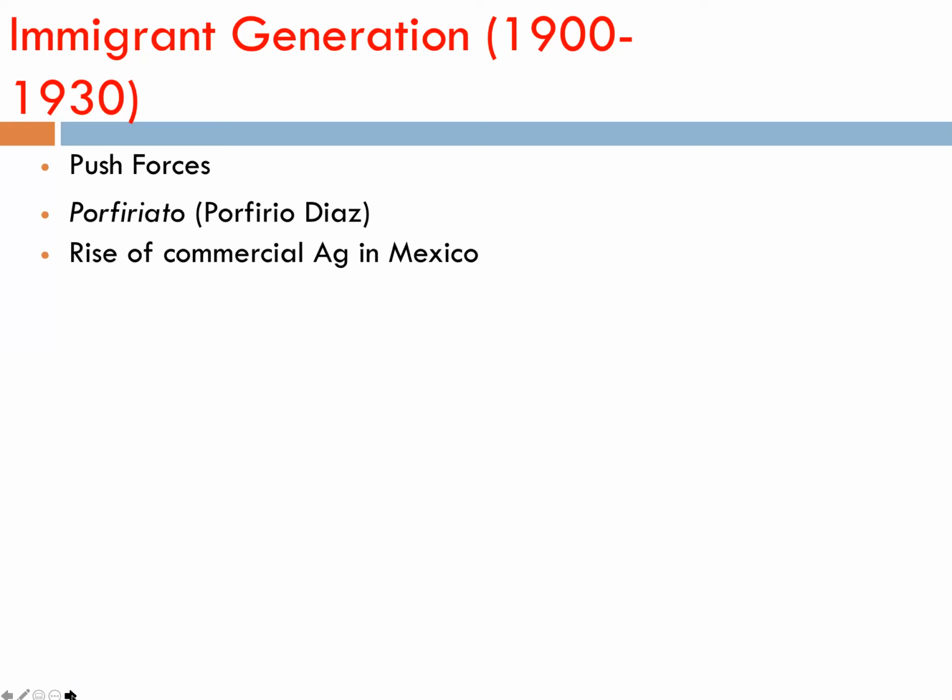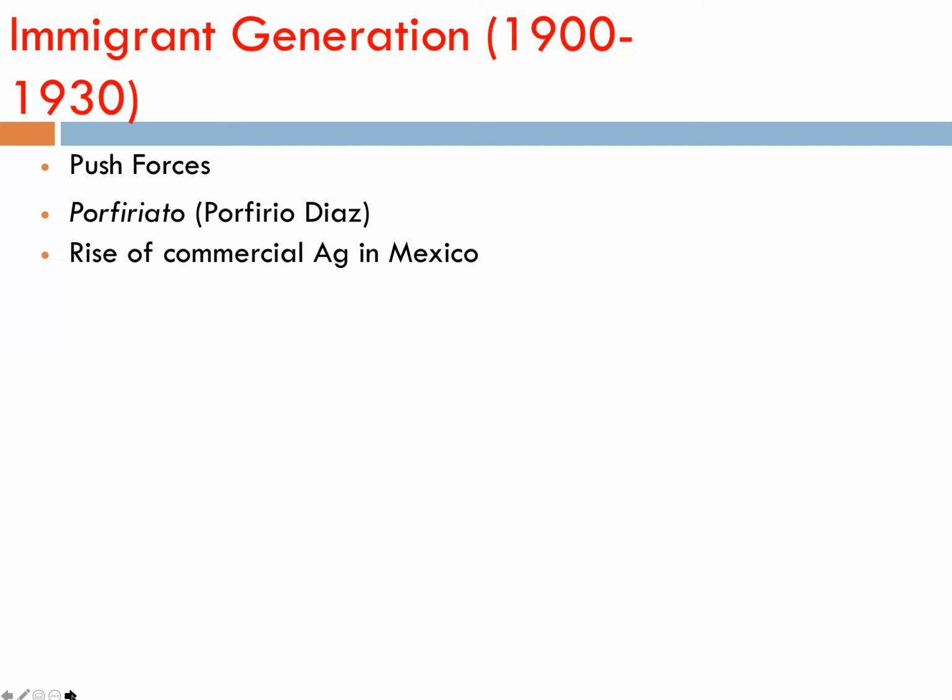Now, what's important here to us is that Porfirio Diaz invites all this kind of foreign investment from Europe and the United States and kicks people off their land in Mexico. He's trying to industrialize Mexico. So you begin to see this kind of commercial agriculture increase in Mexico, where the land is stripped from the people that used to farm it, used to work it and cultivate it, and given essentially to American corporations.